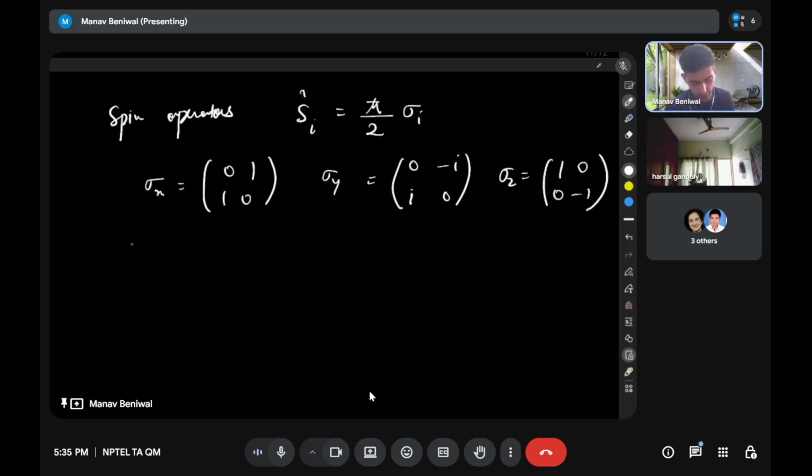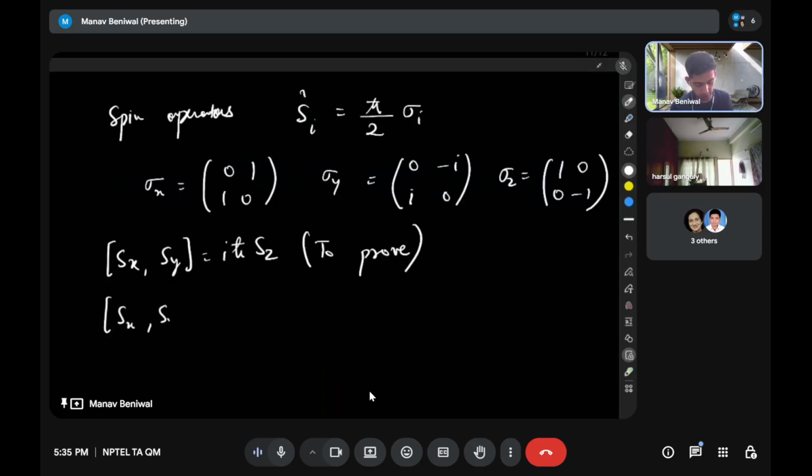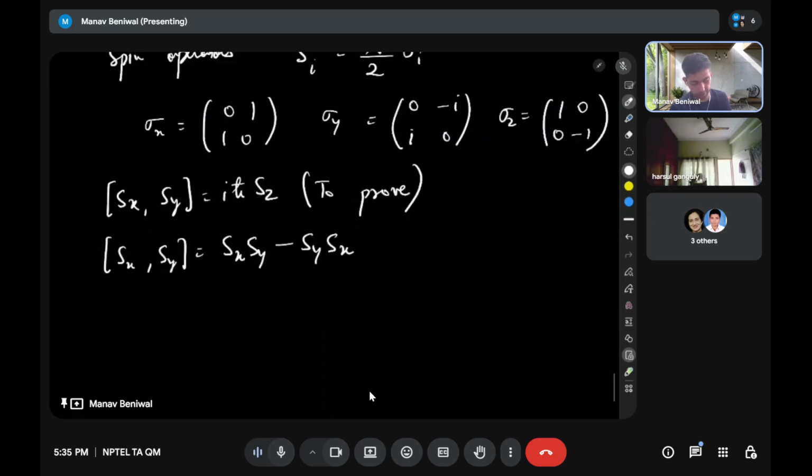Okay, now let's say we want to prove the cyclic relation for Sx and Sy. We can write this commutator as Sx Sy minus Sy Sx, right?